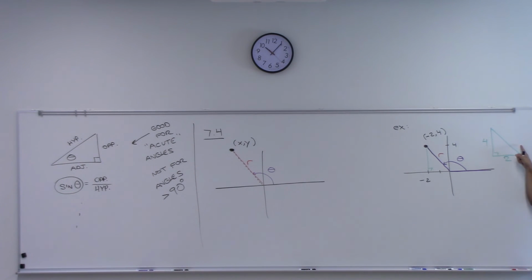And now can you find that side? Yes, Pythagorean, right? So you could say that if this is r, this would be 4 squared plus 2 squared equals r squared. That's 16 plus 4 equals r squared. That's 20 equals r squared. So what's r? You can go cleaner than that. I mean, 2 root 5 is fine. I'm going to leave it as root 20.